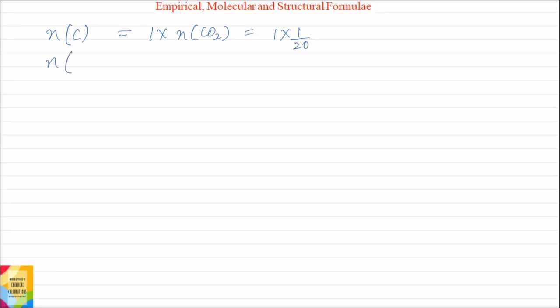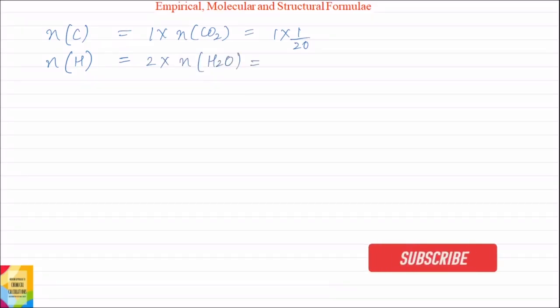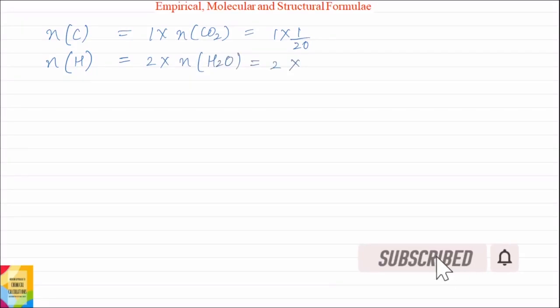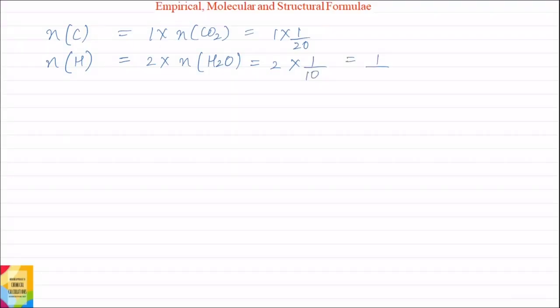And moles of hydrogen in the given hydrocarbon is equal to moles of hydrogen in H2O, that is equal to 2 into moles of H2O. Moles of H2O is 1 by 10, so this is equal to 1 by 5.